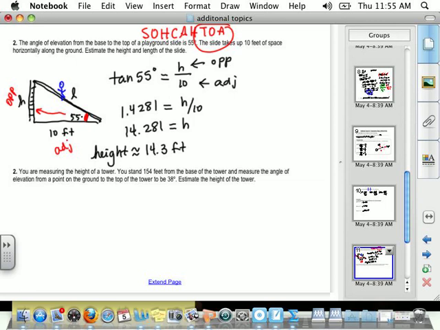So I'm going to try to not use anything that I've derived. Is there any way I can use the 10 and L and 55 and come up with an equation that involves these 3 things? Cosine? Yeah, that's adjacent, and this one's hypotenuse, right? So you're going to say cosine of 55 degrees equals adjacent, which is 10, over hypotenuse, which is L.